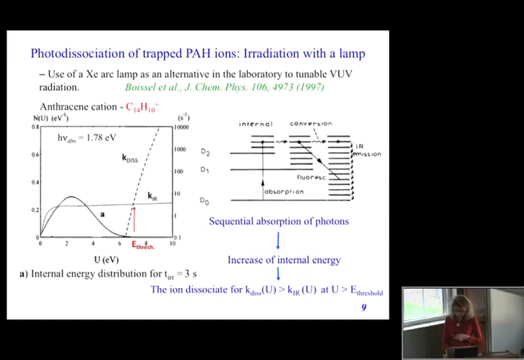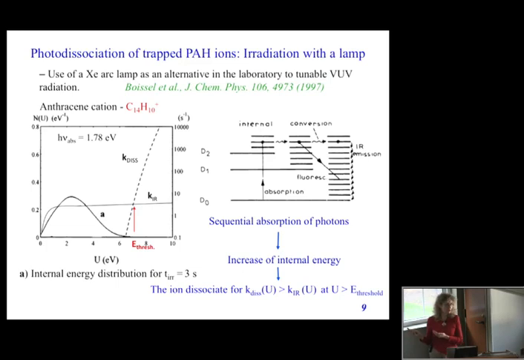Of course, what you would be happy with is to have a synchrotron in your lab, but this is not feasible, so we are trying to use other techniques. The first idea is to use the xenon arc lamp, which is typically a solar spectrum, and you can use this lamp to build internal energy in your system.